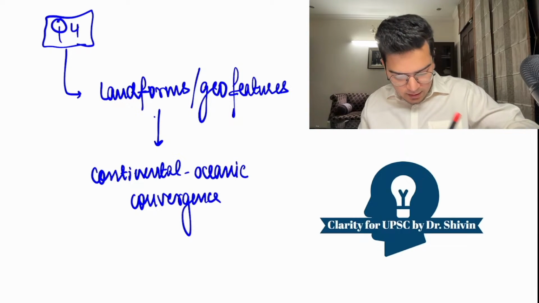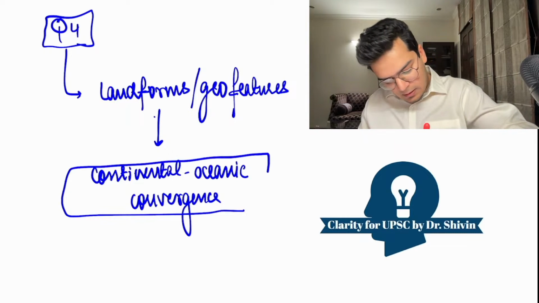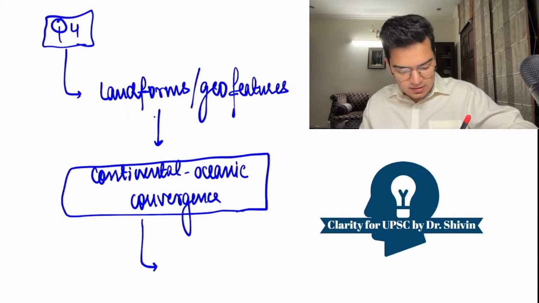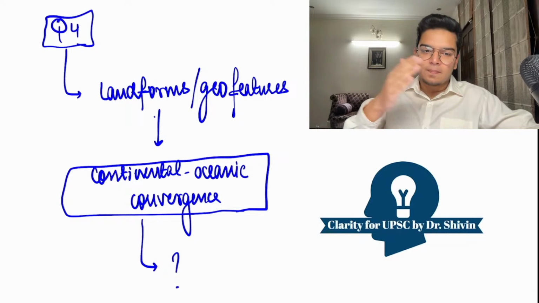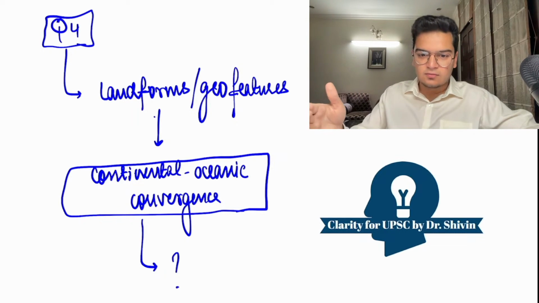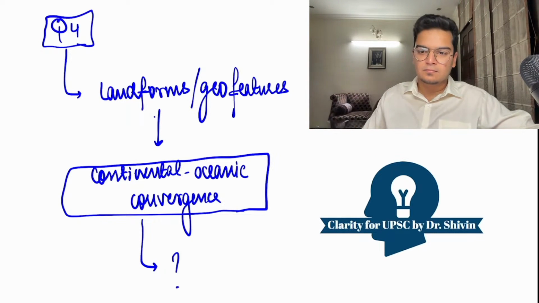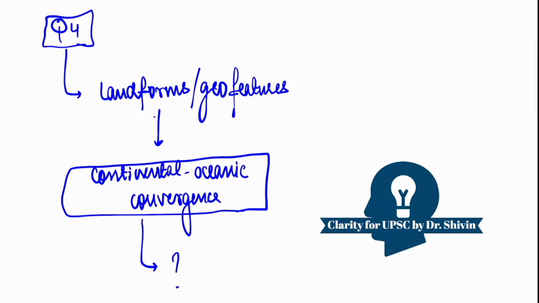When there is continental oceanic convergence, tell me what all features are formed from the start. So first what is formed, then what is formed, then what is formed. Tell me all of that. Again, 1 minute to answer this question.